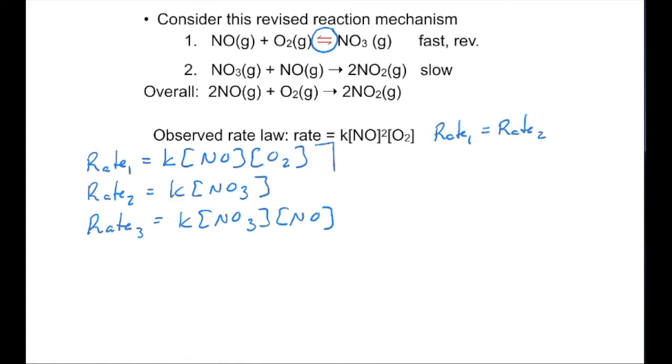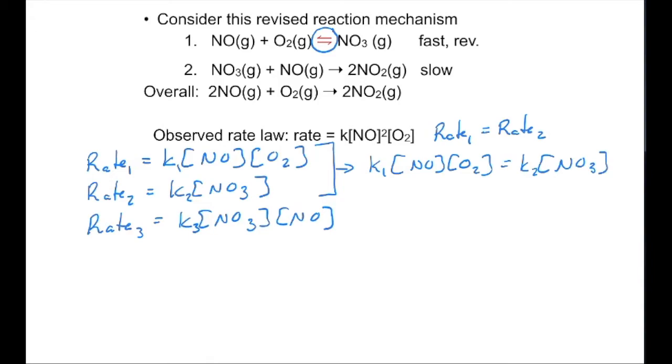And if we write that in terms of the right-hand part of each of these equations, with K1, K2, and K3 here, K1 times the concentration of NO times the concentration of O2 is going to equal K2 times the concentration of NO3.